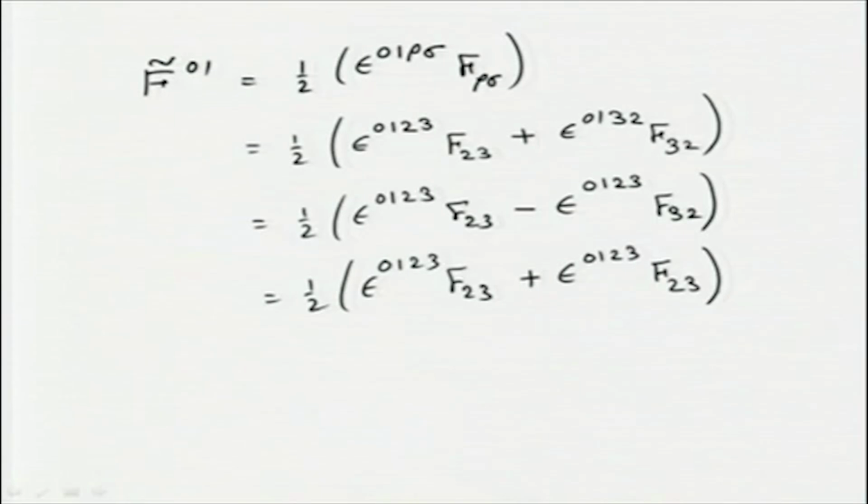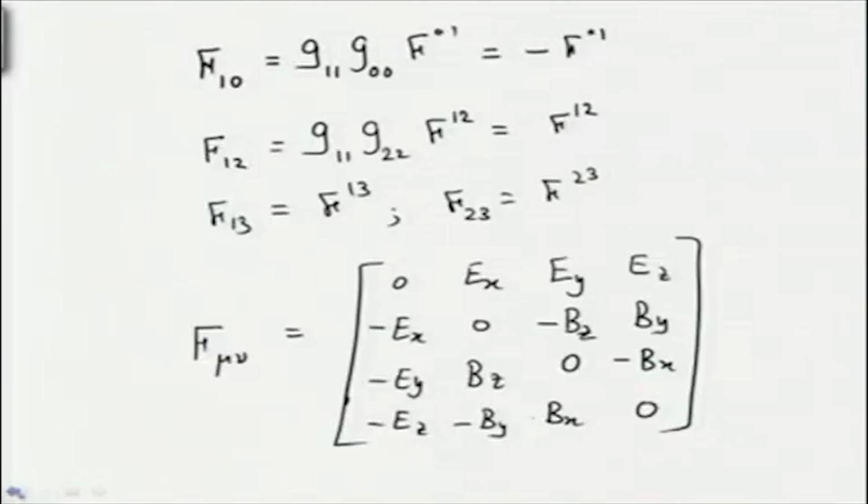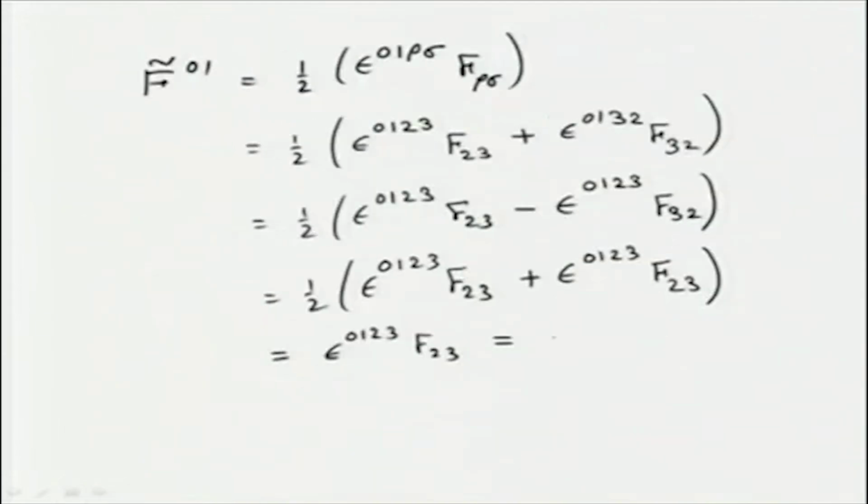Now, these two are identical terms, and together they give me epsilon 0 1 2 3 F 2 3, which is equal to a factor of 1 for epsilon 0 1 2 3, and F 2 3 is the covariant F 2 3, which is minus Bx. So, it is minus Bx.